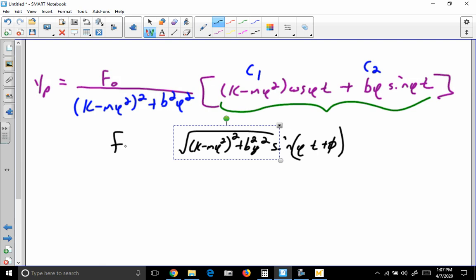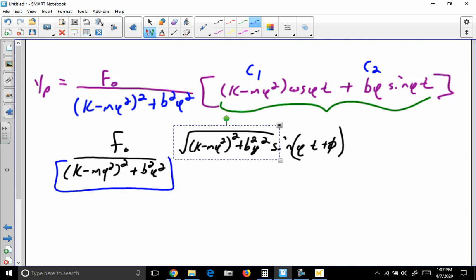And then out front we have f naught over k minus m gamma squared plus b squared gamma squared. Notice that this expression and this expression, what's underneath the radical, are the same.